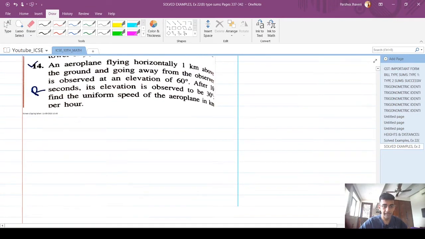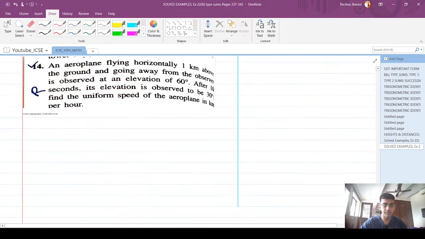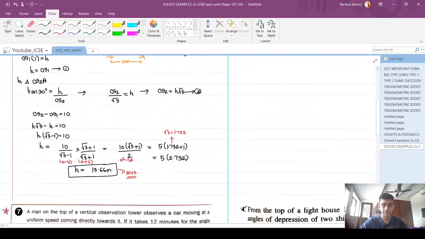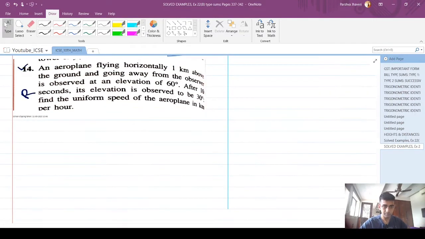An aeroplane flying horizontally 1 km above the ground and going away from the observer. We have 3 sums left. An aeroplane flying horizontally 1 km above the ground, going away from observer, observed at elevation of 60.